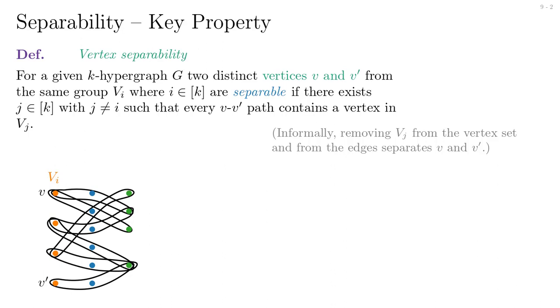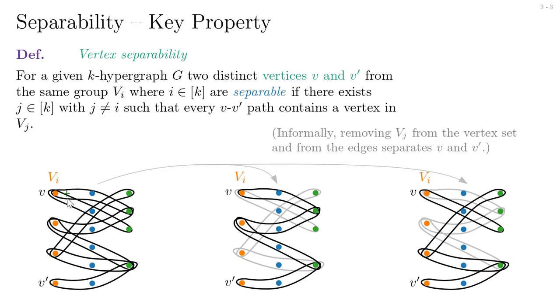In the example at the bottom, all paths between V and V prime go through the green group. So by removing this group, we separate V and V prime.